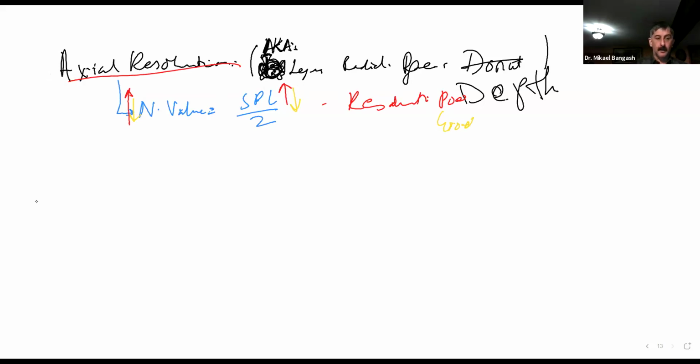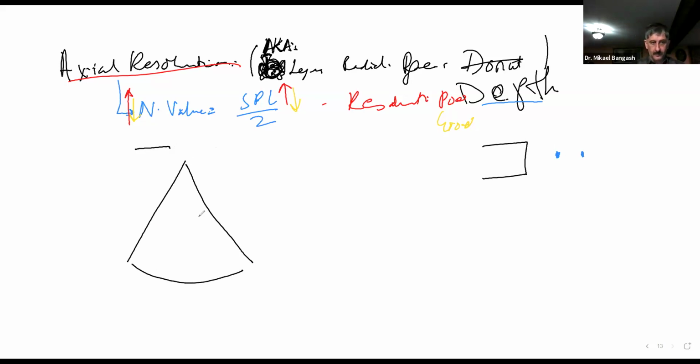Now when we look at it this way, that's why I like the word depth resolution, because we may have a structure here and a structure here on your image. Physically, it might have been here and here.